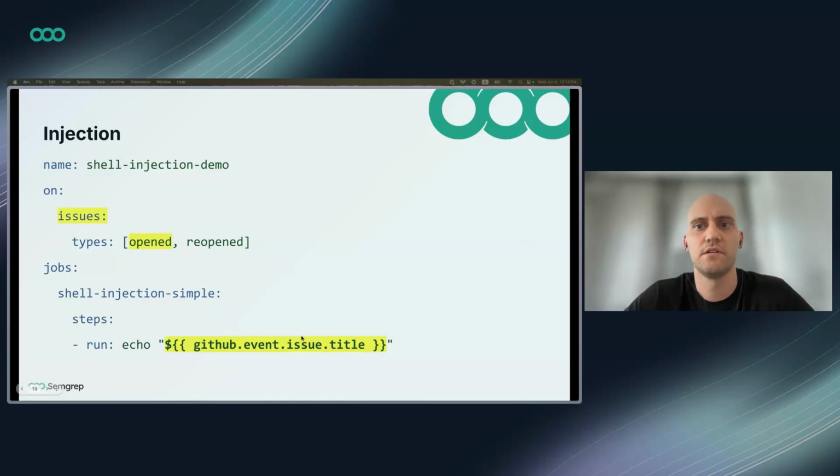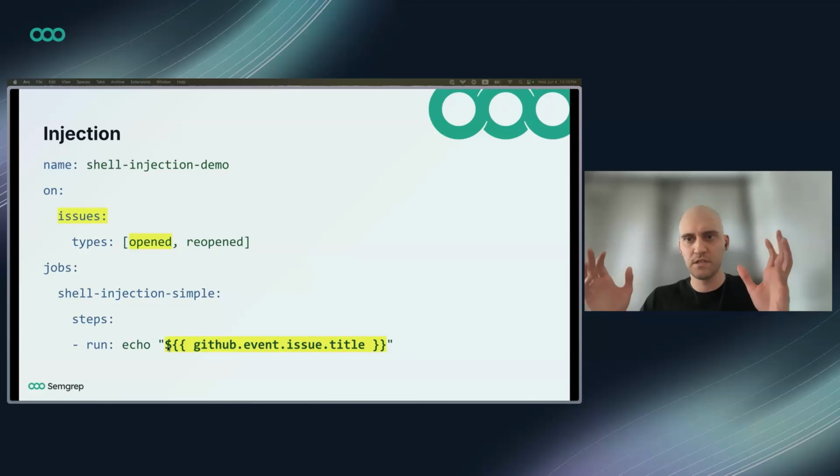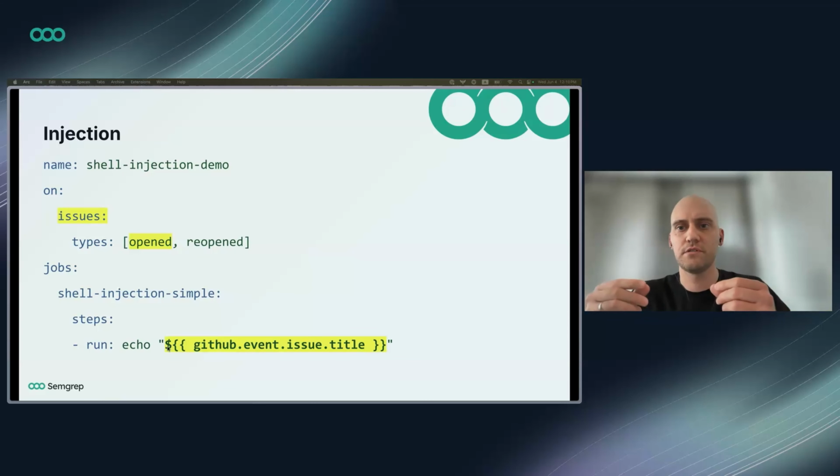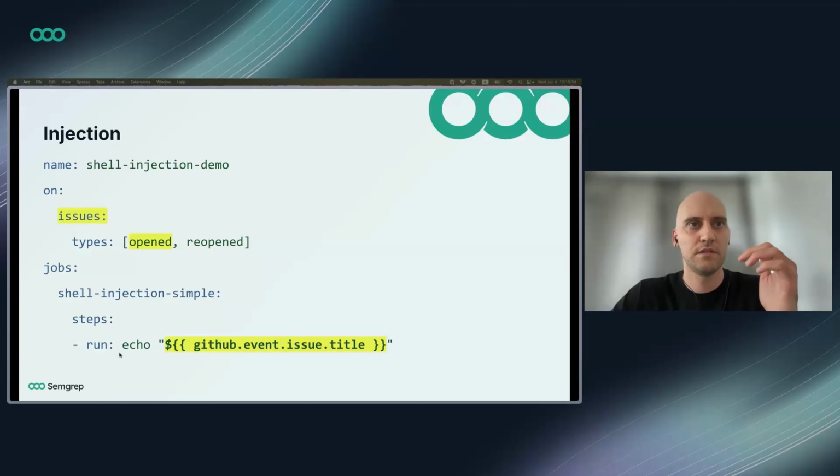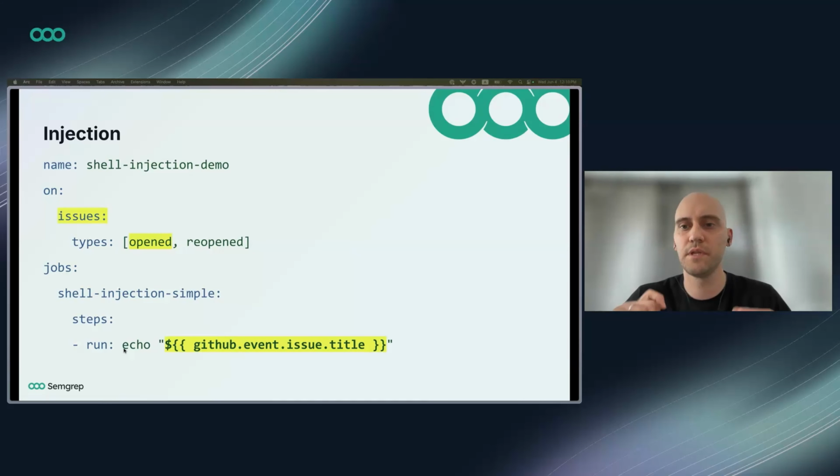When you see curly braces with a dollar sign, it means that a value is inserted in this part of the configuration. You can treat it as templating in web applications. It's very similar to this. So this value is first inserted, and then it is evaluated as a command afterwards.